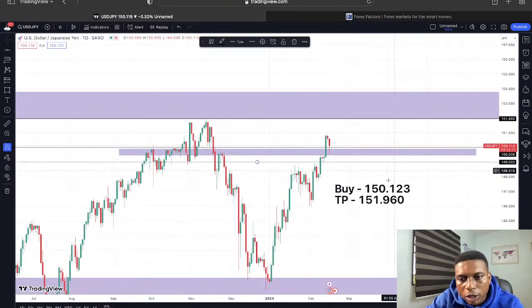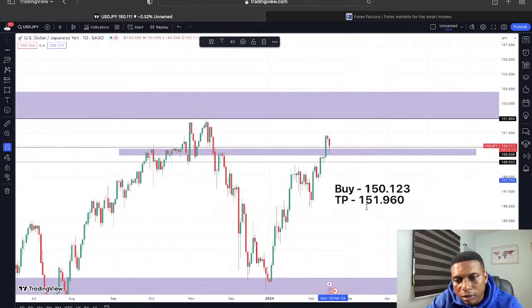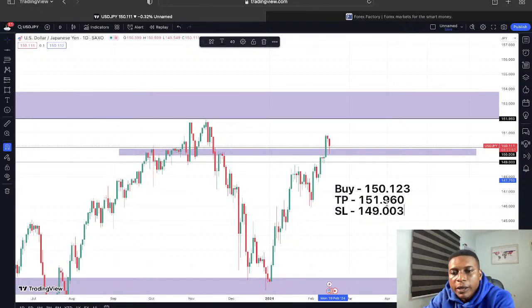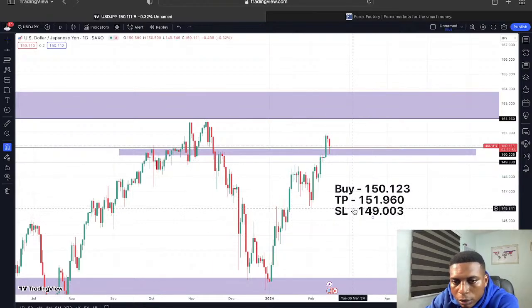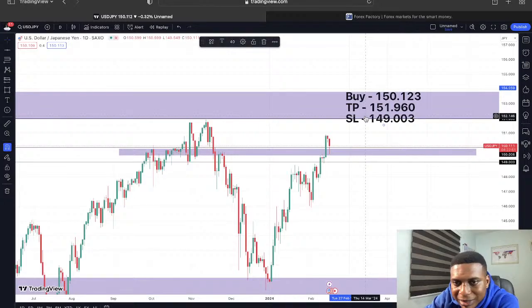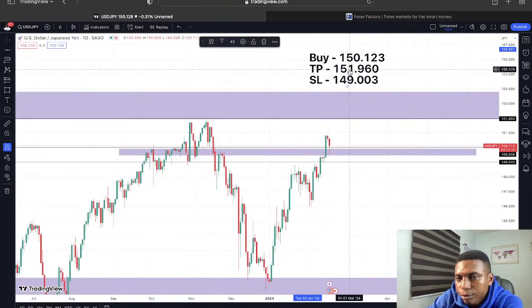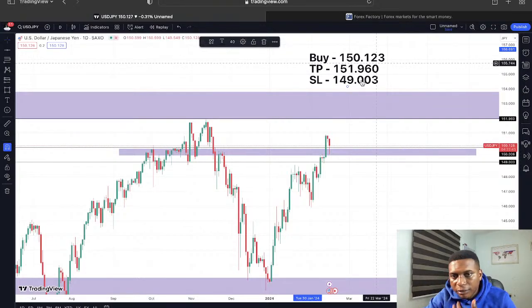Okay, a stop loss at 149, SL 149.003, and that's it. So this is what we are targeting at present. This is our target level.